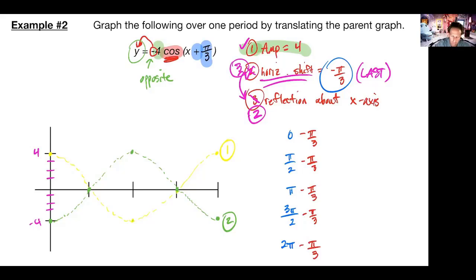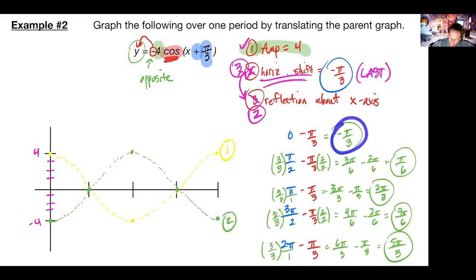So again, going through this on your own off to the side and getting my new values, you should get something like, and once you have these 1, 2, 3, 4, 5 values, then you can plot them and you're done. Just making sure that you still continue with your amplitude and reflections that you already made the change on.